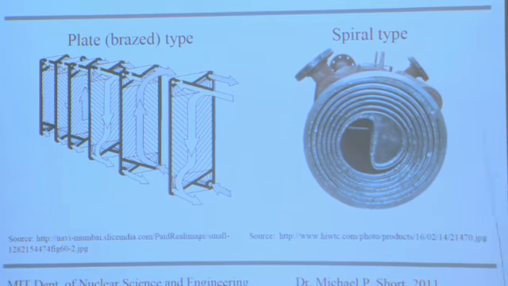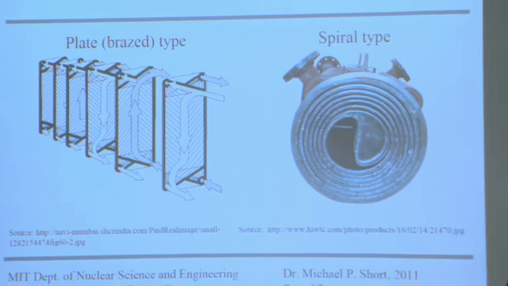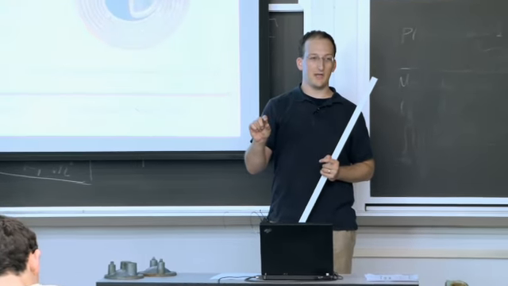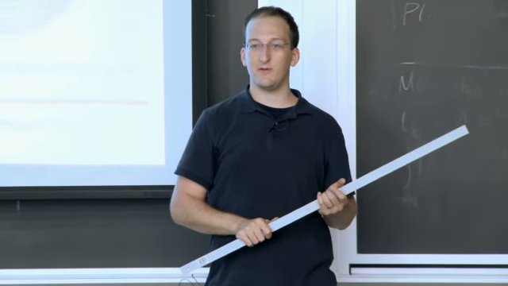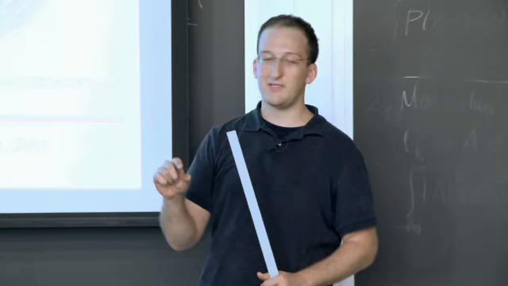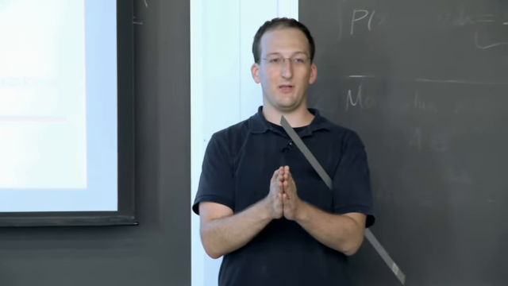There's a spiral type heat exchanger where the 2 fluids flow either in the same direction or in the opposite direction around a spiral. If anyone has ever seen those little electrolytic capacitors, like the little soda can caps? Does anyone not know what I'm talking about? Okay. There are some devices called capacitors for storing charge. A capacitor is just 2 parallel plates.